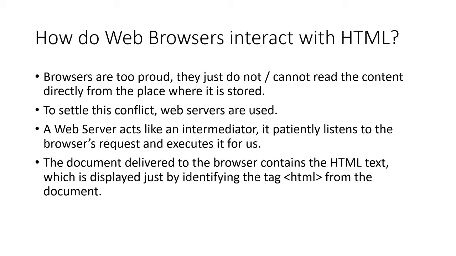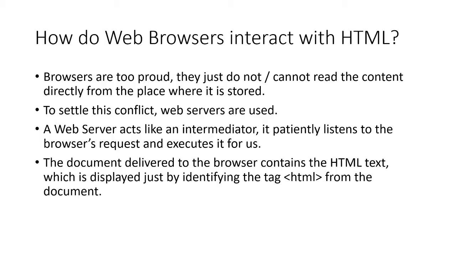So how do web browsers interact with HTML? Browsers are too proud. They just do not or cannot read the content directly from the place where it is stored. To settle this conflict, web servers are used. A web server acts like an intermediary. It patiently listens to the browser request and executes it for us.